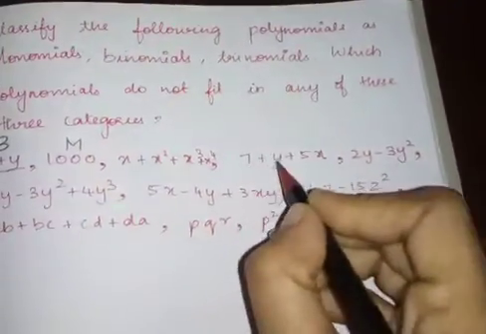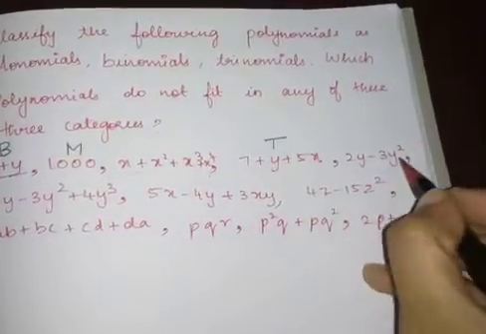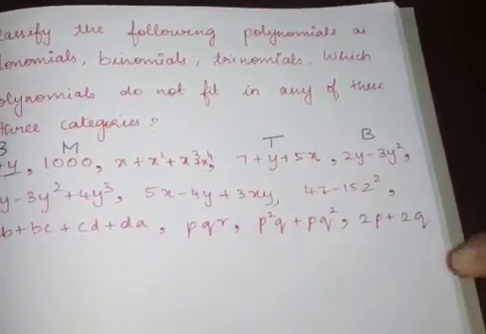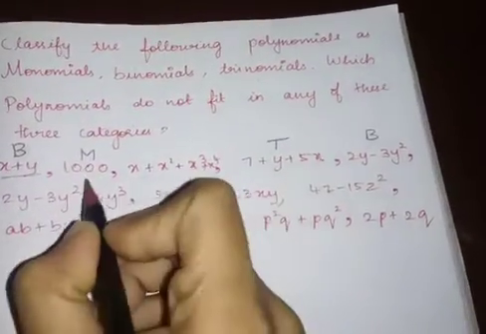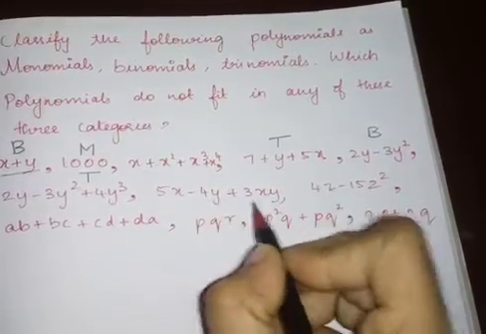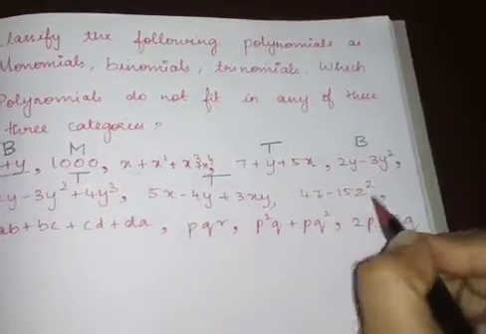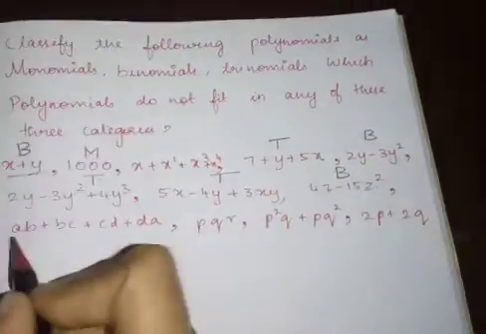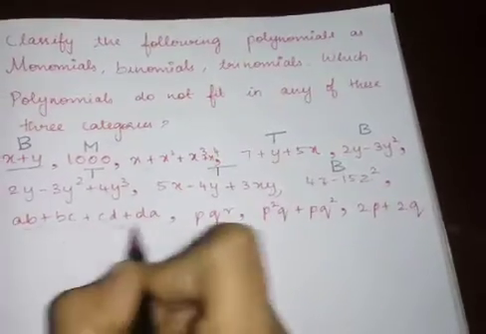Next, 7 plus y plus 5x. Trinomial. 2y minus 3y square, binomial. 2y minus 3y square plus 4y cube. It is trinomial. 5x minus 4y plus 3xy. It is trinomial. 4z minus 15z square. It is binomial. AB plus BC plus CD plus DA. It has four terms.